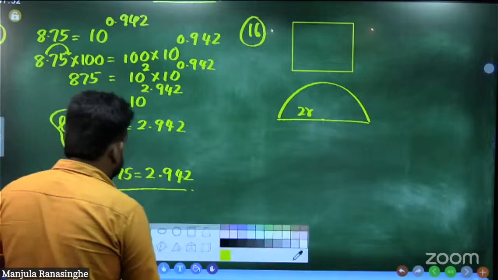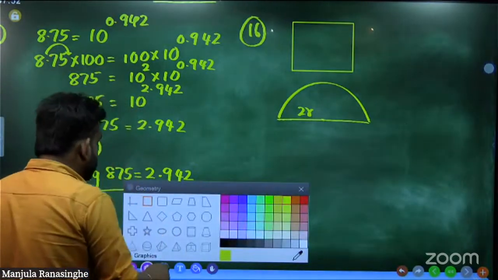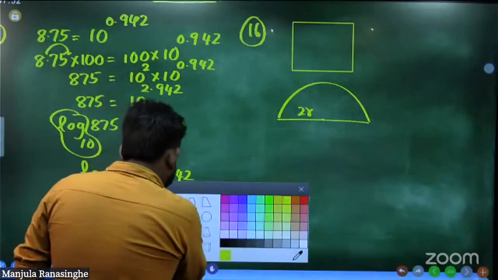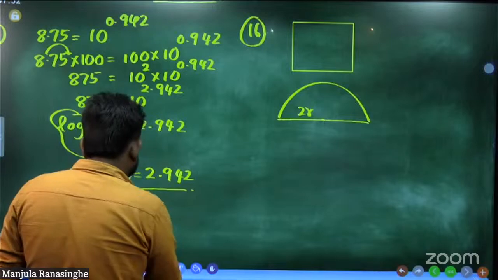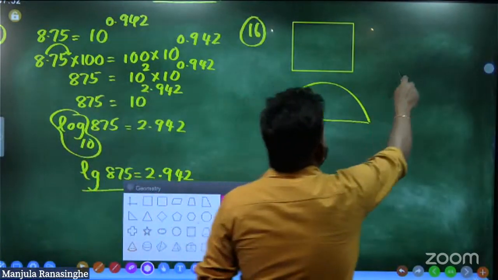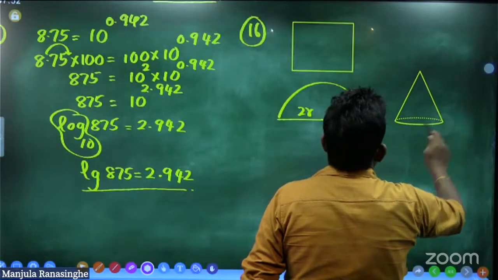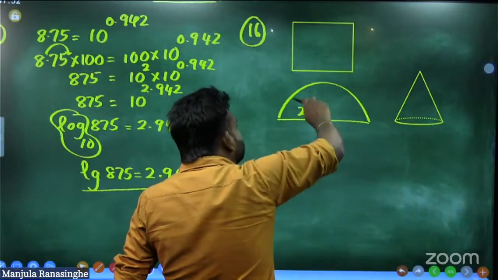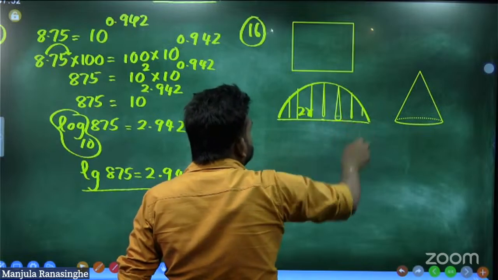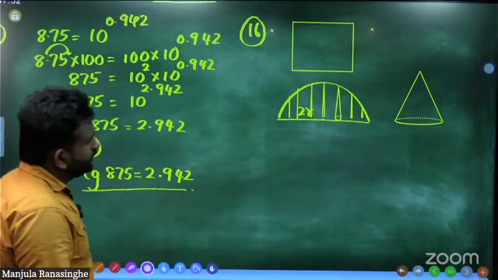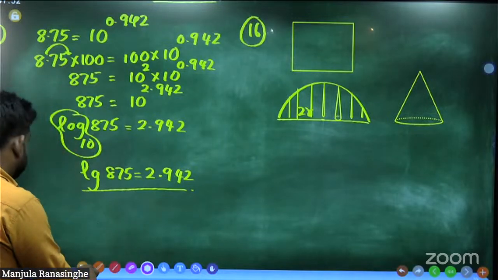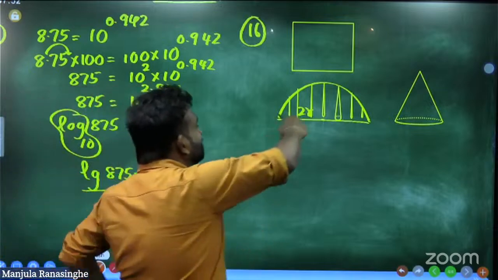When it creates a cone using this one, it's like a cone here, then this surface becomes the curved surface. The curved surface is created by this semicircle, right?